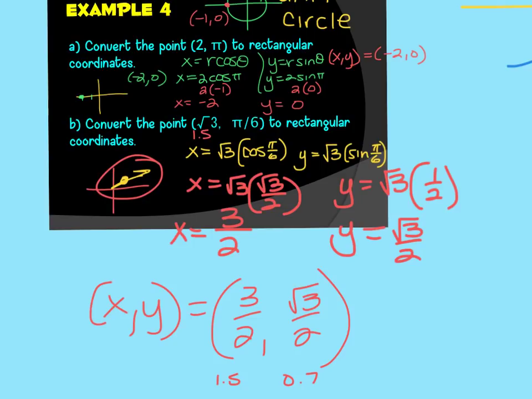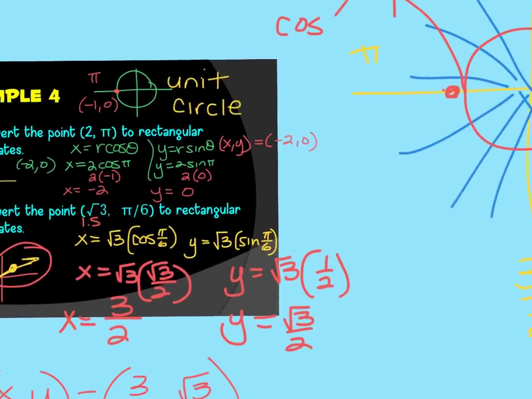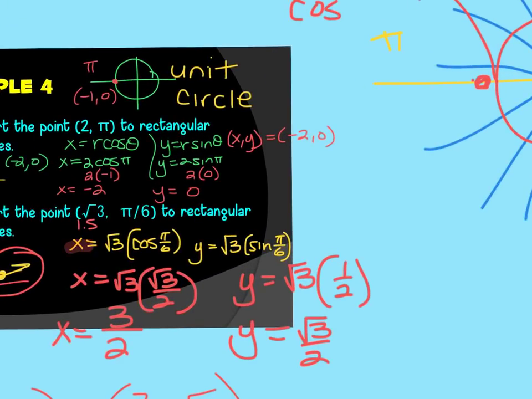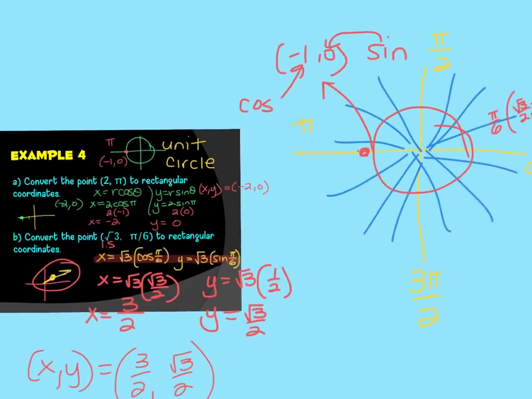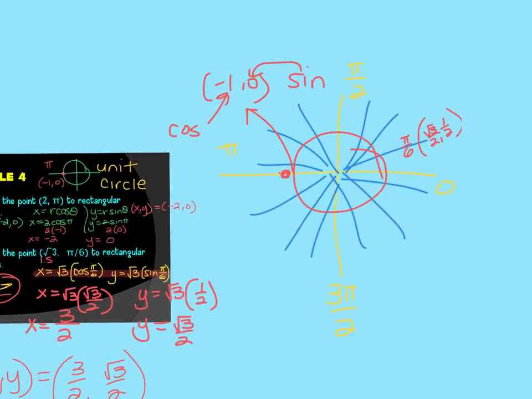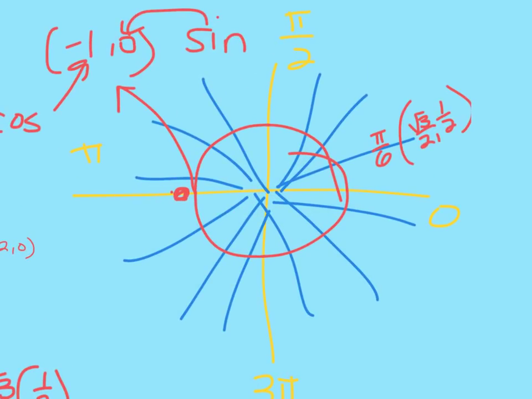I'm a little lost. Where'd I lose you? The points, square root 3 and pi over 6. So you're good to here. Yeah. Okay, so then I have to go to my unit circle, which is really sloppy over here, and I'd find both the sine and the cosine at pi over 6.